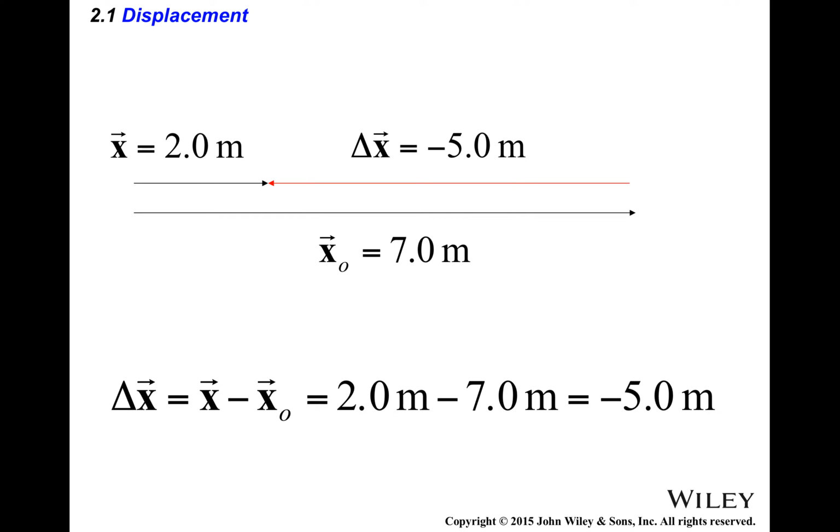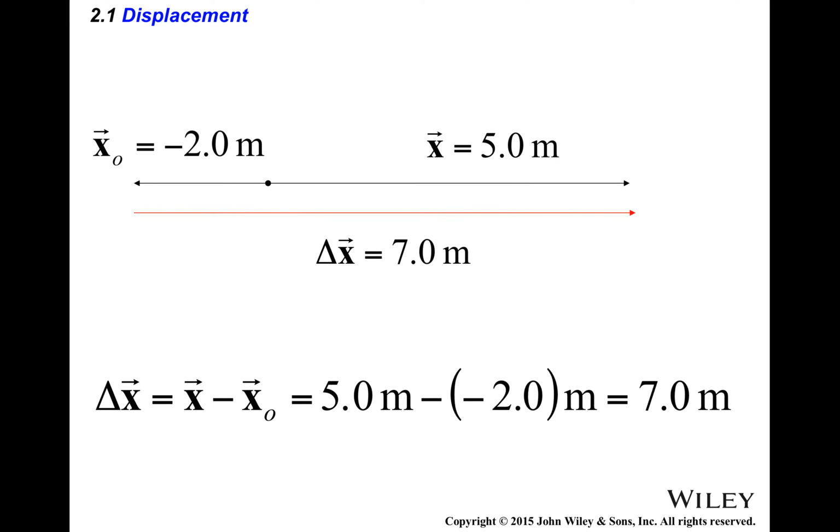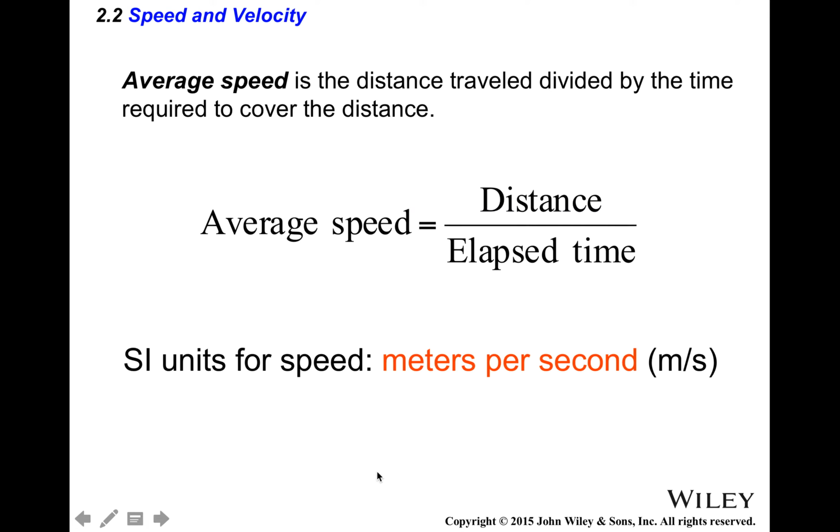That's displacement. If I start here and I go negative 2, or start here and go 5 minus negative 2, well, that'd be plus 2, so I'd go an extra 2. They drew that funny, don't worry about that.